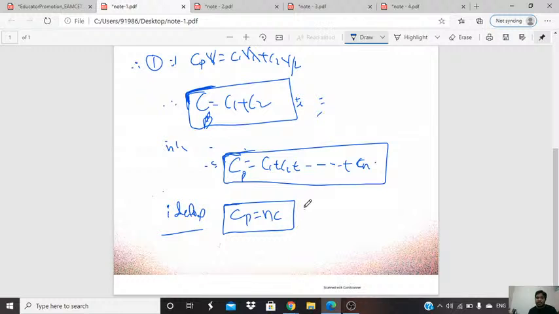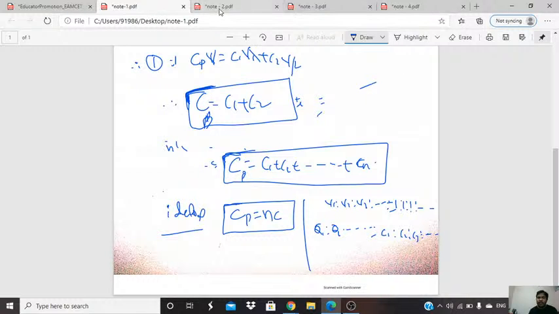Now tell me, what is the ratio of potential V1, V2, V3, so on? 1:1 ratio, right? What about charge ratio Q1, Q2, Q3, so on? C1 V1, C2 V2, V cancels now. So C1 : C2 : C3, so on.